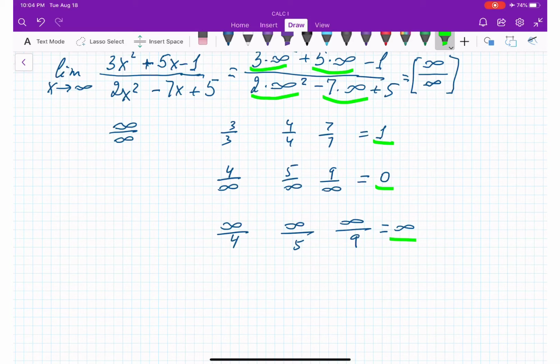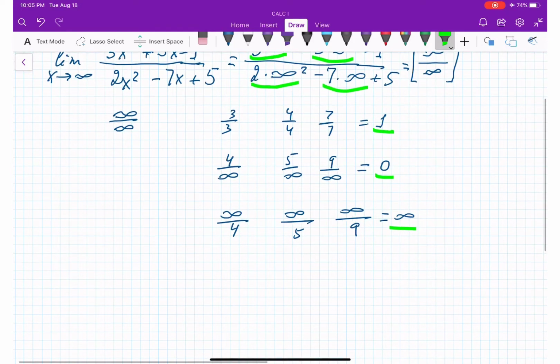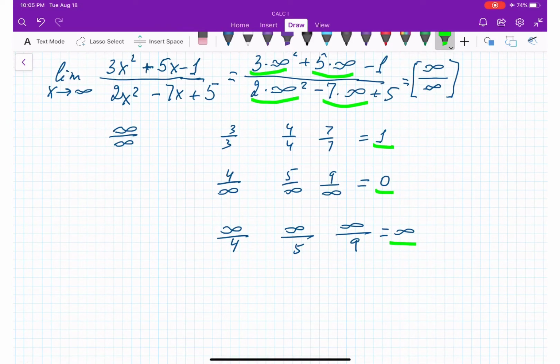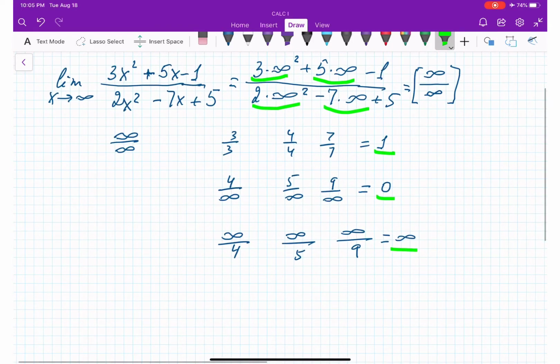Okay? Let's see. How are we going to approach the limit of a rational expression when, if we plug in the end value of the limit, we get infinity by infinity?